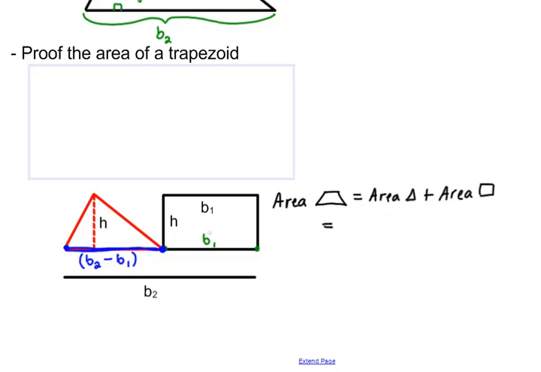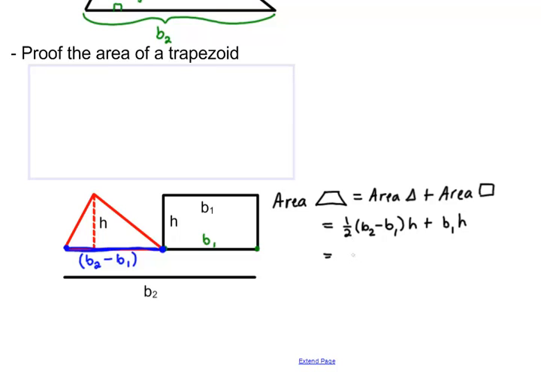So the area of my triangle is 1/2 base times height, so it's 1/2 times B2 minus B1 times my height. The area of my rectangle is base times height, which is B1 times H. Alright? So now we're going to do some algebra.